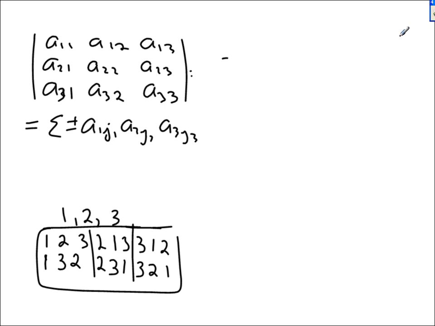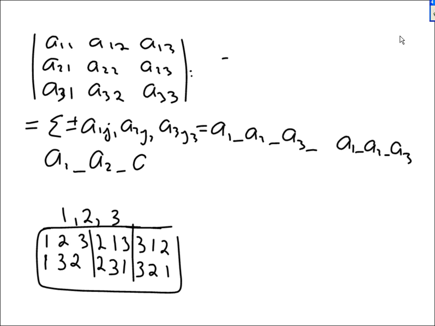6 permutations. That is, I need to write down A1 blank, A2 blank, A3 blank 6 different times. I just did it once. Here is the second time. Here is the third time.